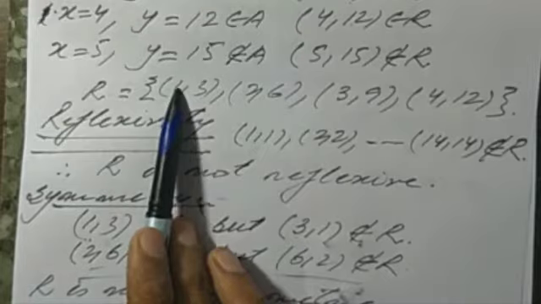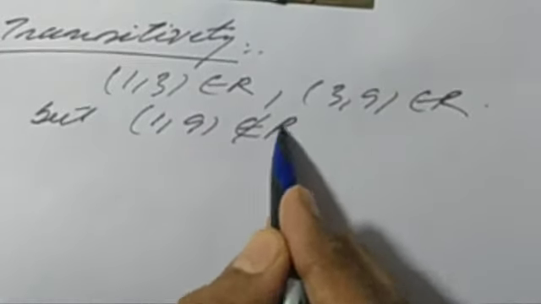If 1 is related to 3 and 3 is related to 9, then for transitivity there must be (1, 9) in the relation, but it is not. Again I repeat, (1, 3) is there, (3, 9) is there, so (1, 9) should be there, but it is not here. So we write that (1, 3) belongs to R and (3, 9) belongs to R, but (1, 9) does not belong to R.